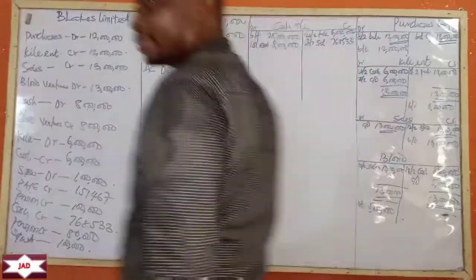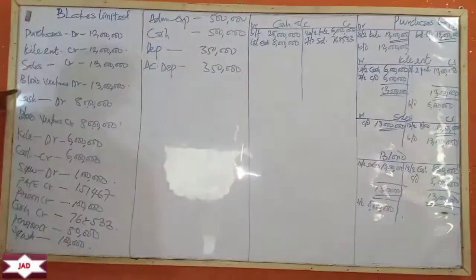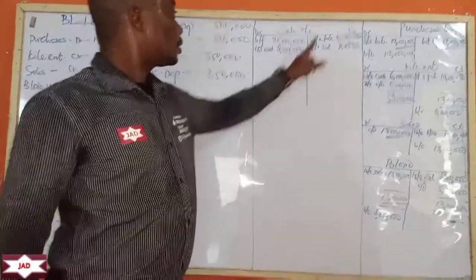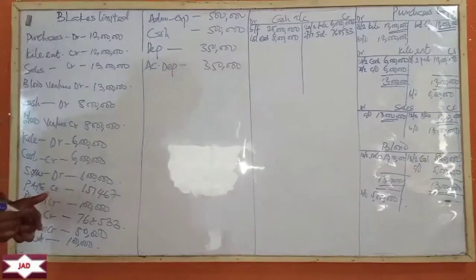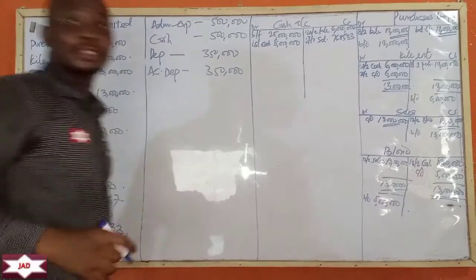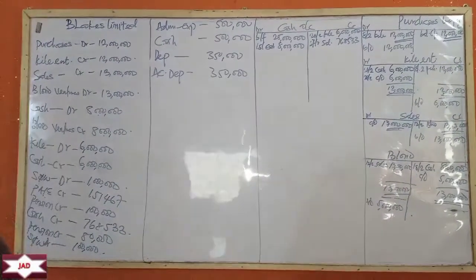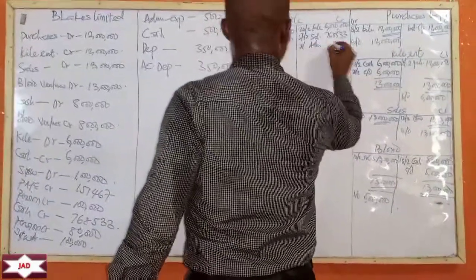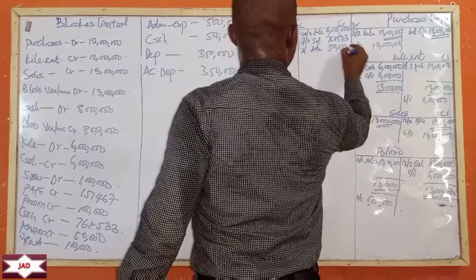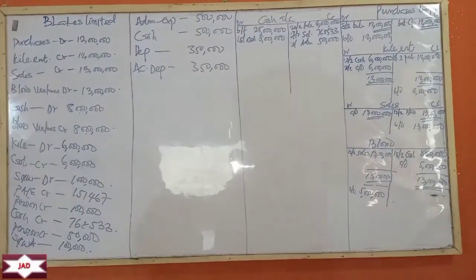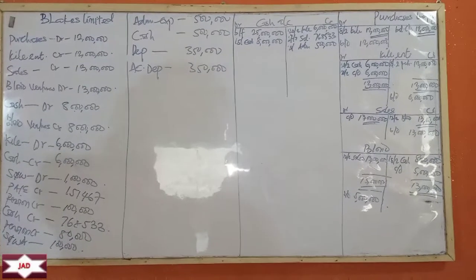We have 1, 2, 3. Right? So that's it for cash. Well, there's another cash, we paid admin expense on the 28th. So we have 28th, admin, 500,000. That's it.